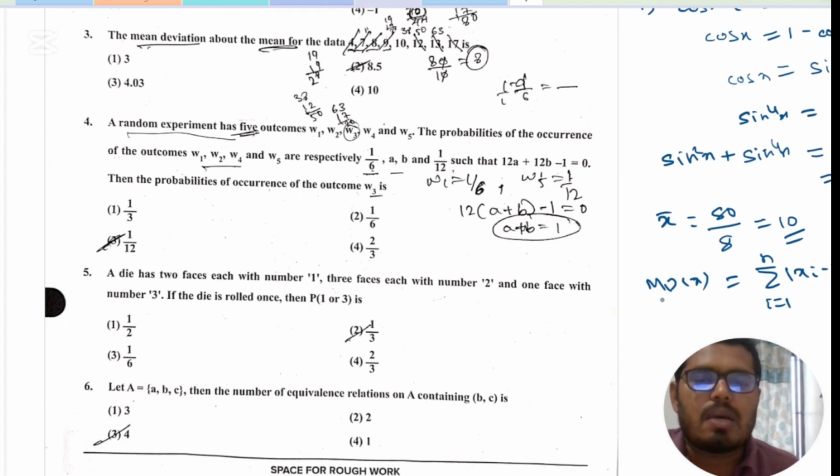That is, we subtract the mean from each observation, then take the modulus and divide by n. So mean deviation about mean x bar is equal to 1 by n, n is 8, times the sum of the modulus values.